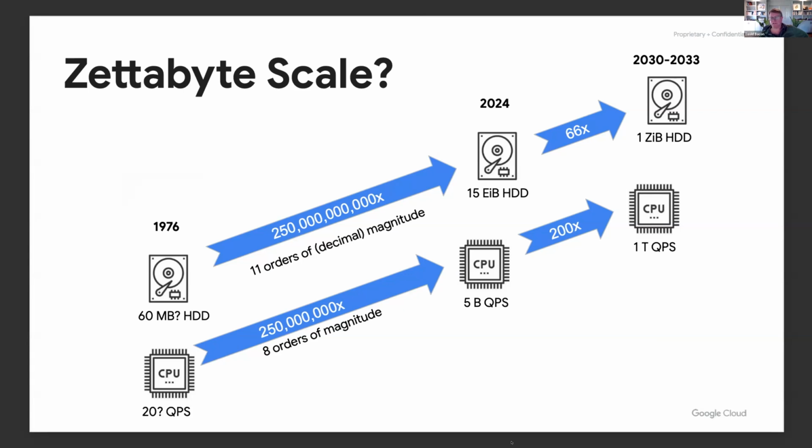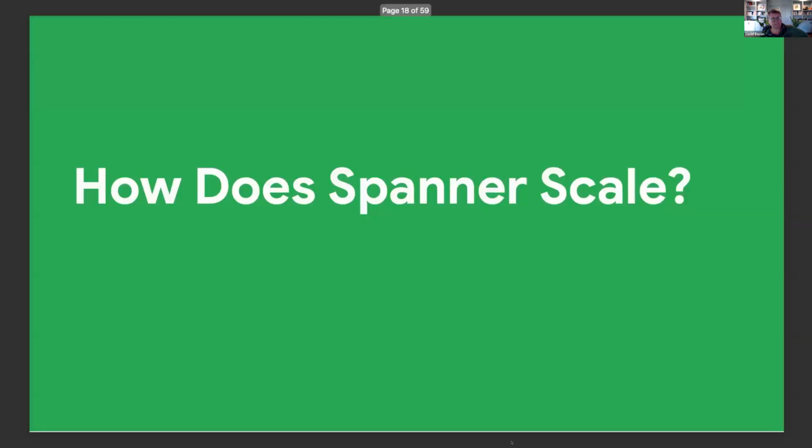Exactly when we get there, 2030, 2033, I think that's well within our fairly near-term future. Next slide. All right, so let's talk a little bit about how Spanner scales. Next slide.